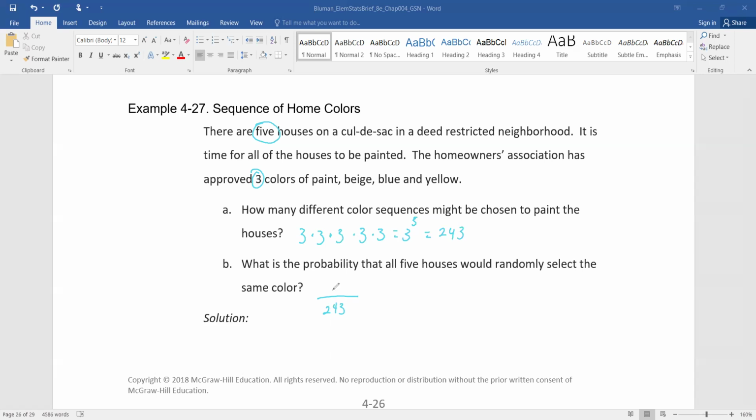So there are only actually three different ways that they can all pick the same color out of the total of 243 options. When you plug this in the calculator, it comes out to 1 over 81, which is about 0.0123. So they have a 1.23% chance that they all select the same color. Alrighty, let's look at another example.